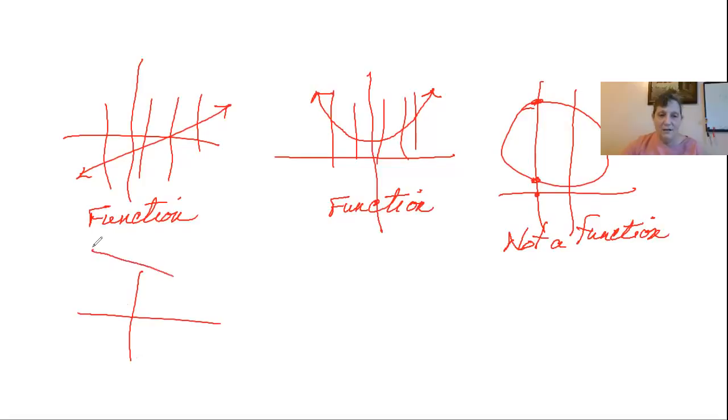What if we had this? Not a function. You only have to have one place where it's possible to draw a vertical line straight up and down through more than one point, and it's disqualified. This is not a function.